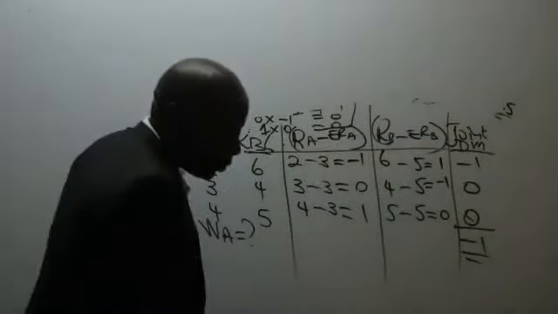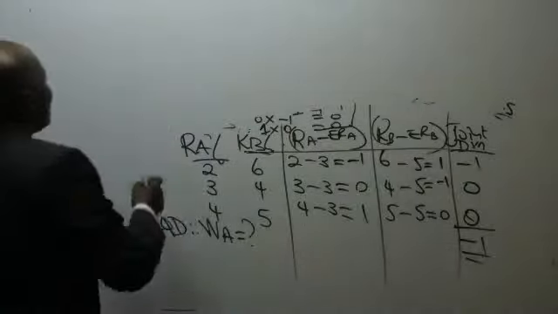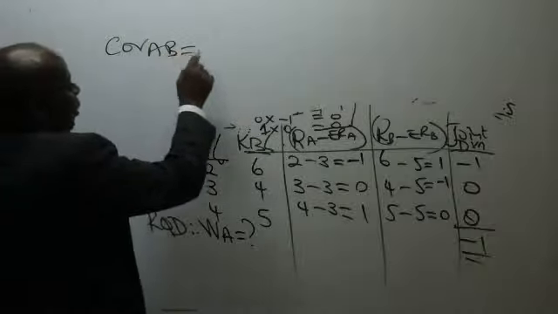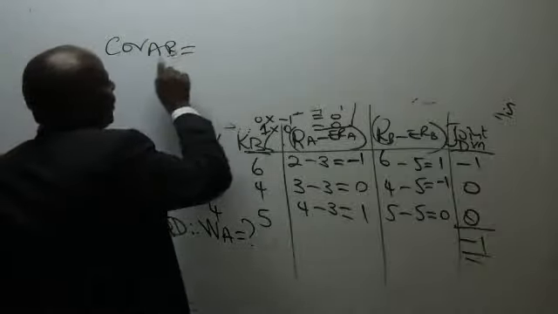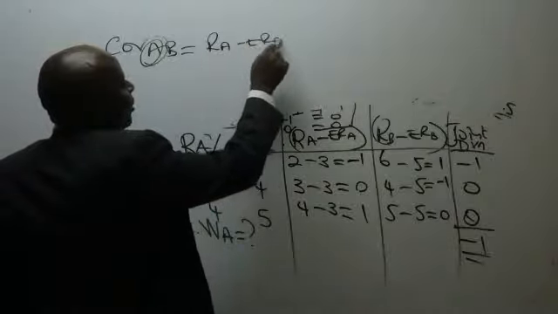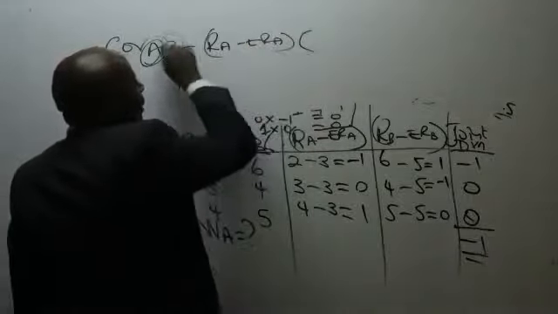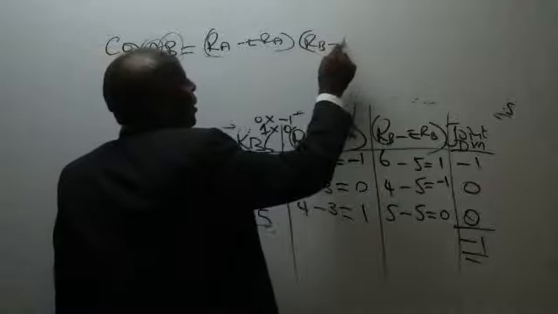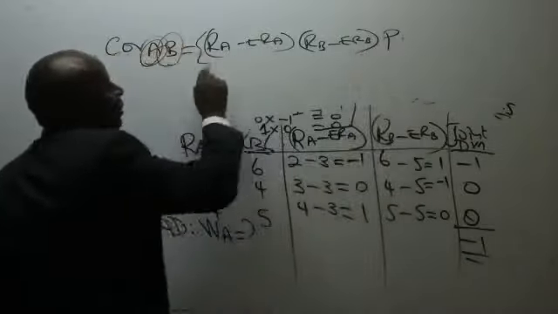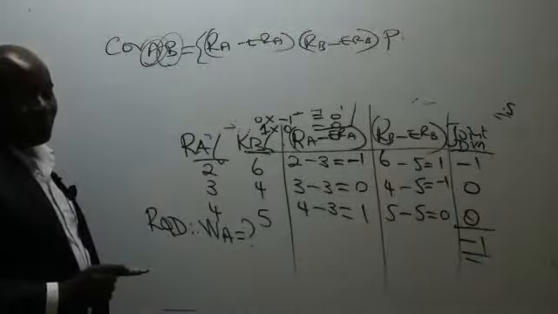Angalia hapa. I know the formula that you guys are so much used to. It is this formula that I taught you yesterday, where you take the deviation of A, which is RA minus ERA, multiplied by the deviation of B, which is RB minus ERB, and then multiplied by probability, and then we come and sum.